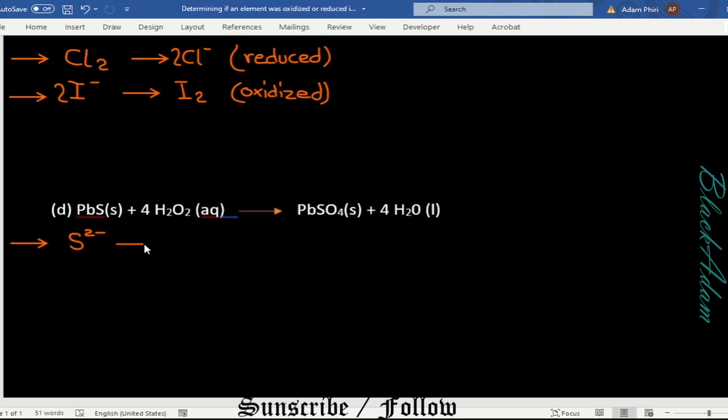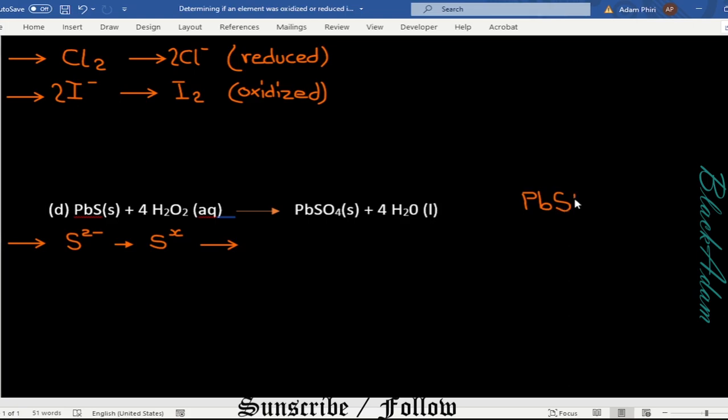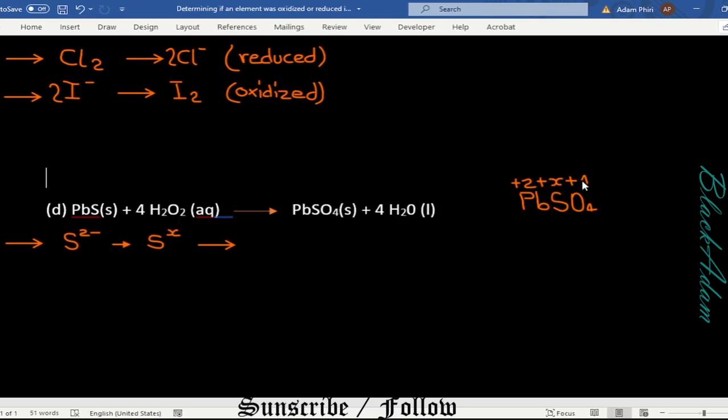And then we have to use sulfate, and then moving from -2, because lead is +2, so sulfur is -2 because lead is +2.